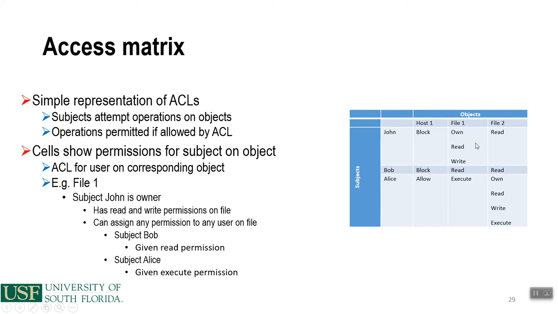For file 1, John has the ability to own, read, and write, but Bob only has the ability to read, and Alice has the ability to execute. Whereas for file 2, John has the ability to read, Bob has the ability to read, and Alice has the ability to own, read, write, and execute. Where this becomes useful is that you're able to specify exactly who gets access to what.